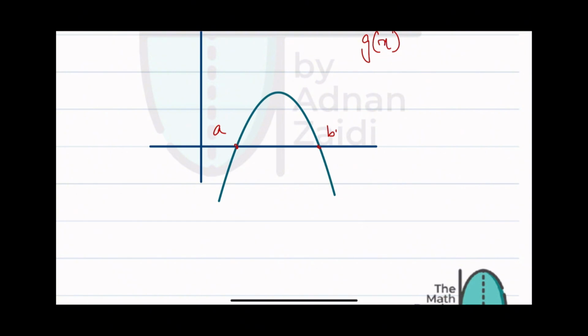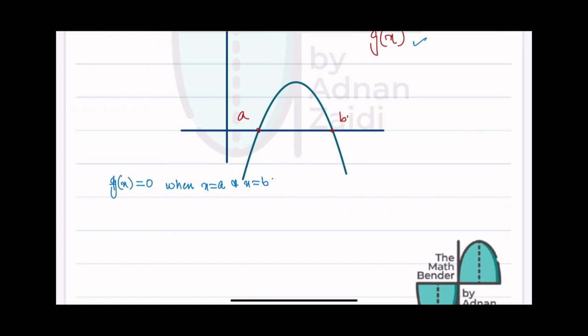For example, in this scenario, this curve is g of x, and g of x is equal to 0 when x is a and x is equal to b. Same as g of x is less than 0, so highlight that.